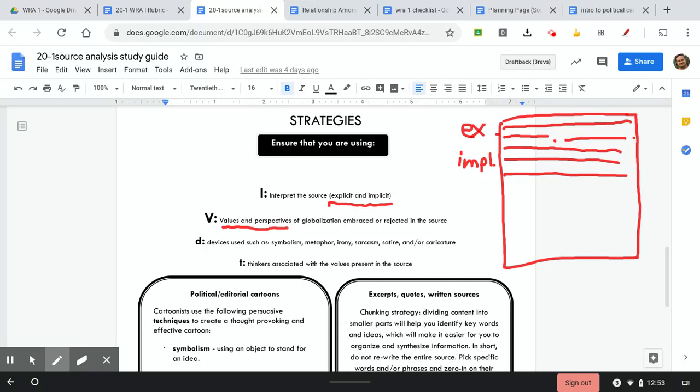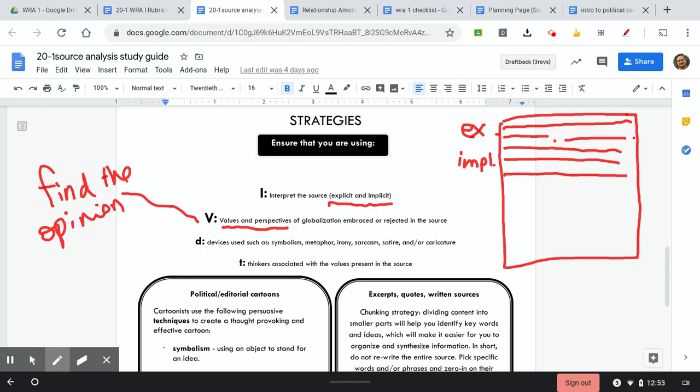What are they embracing? What are they rejecting? Again, every author has an opinion. Your job of a WRA is to find the opinion. So I'm going to write that over here. Find the opinion. If we're talking about globalization, is the source promoting globalization? Are they saying it's a good thing?